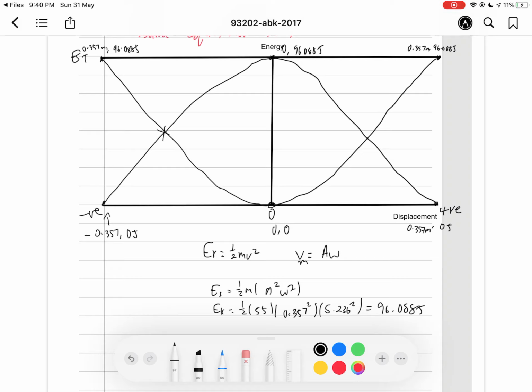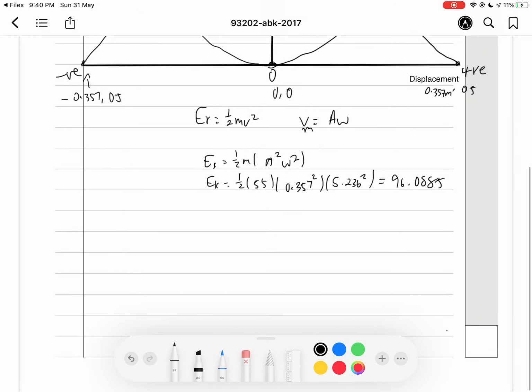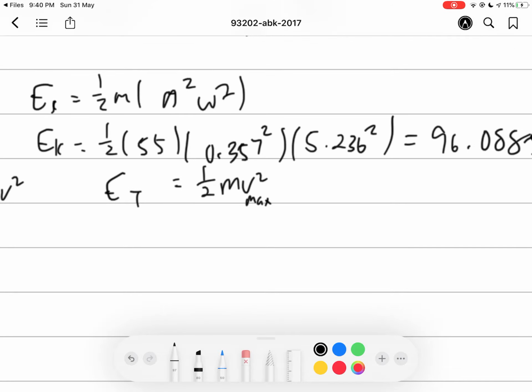Now we need to label this intercept and this intercept, which is slightly harder because we need to derive some formulas for the kinetic energy and the potential energy. We know that our kinetic energy equals half mv squared, and our total energy equals half mv squared, but our v is our maximum velocity, so that will be at equilibrium.